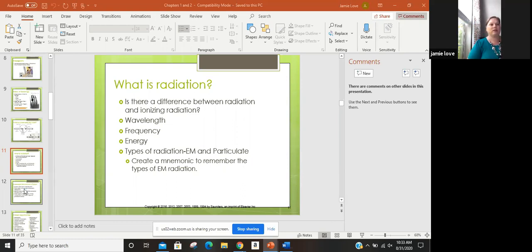You guys always come up with something pretty funny and cool to remember it, and I don't remember any of the past classes, but I let every class pick a name of something. I'm sure if you Google it, you can find a mnemonic that will help you remember the order of the radiation. I don't know why we put it in this class, because you can do that in physics. We do this all over again in physics with the EM spectrum.